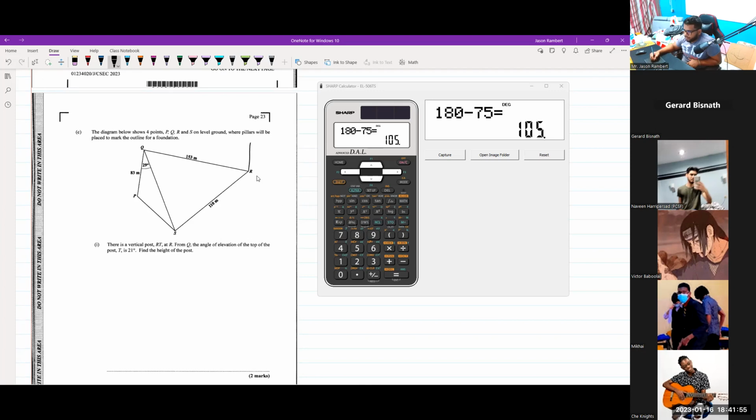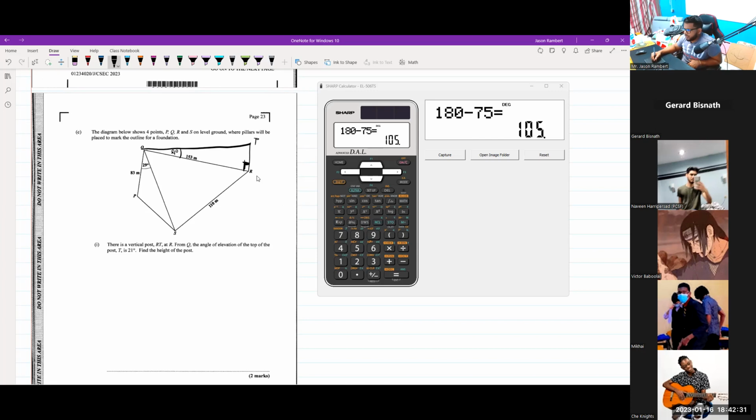The angle of elevation of the top of the post T is 21 degrees from Q. So from Q, the angle of elevation to the top of the post T, this will be a right angle here. This angle here is 21 degrees. Find the height of the post.